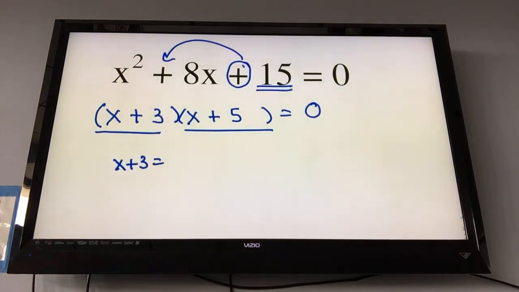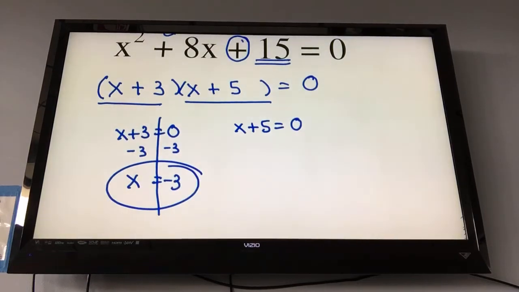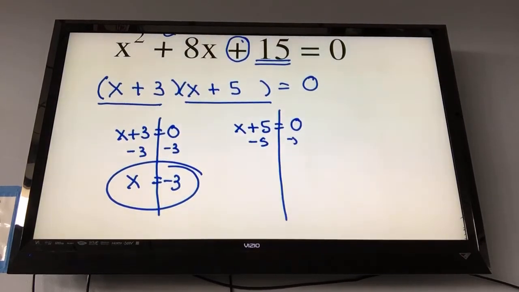So either x plus 3 is 0 or x plus 5 is 0. And we solve. So subtract your 3. So negative 3. And subtract your 5. Negative 5.